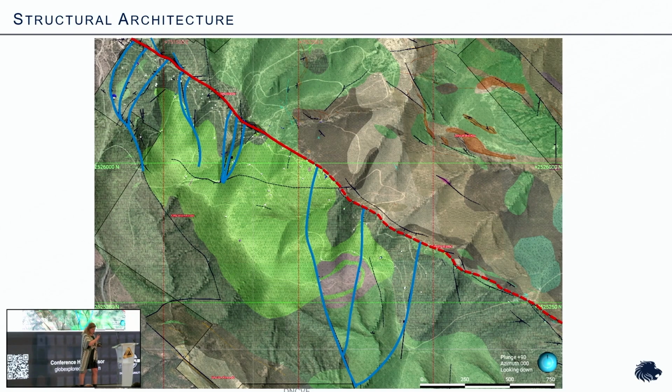The other thing that's really important, and they're not super easy to see, but there's these oblique structures that come in the footwall, and this also happens at depth at the structure. So you can see it mapped out in some of the historic underground mapping, and these structures seem to be almost pointing you to where you have zones of dilation in the vein system.